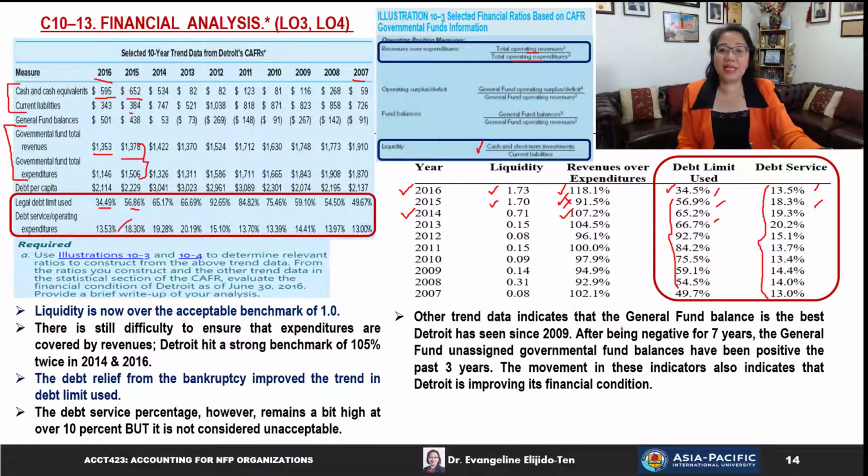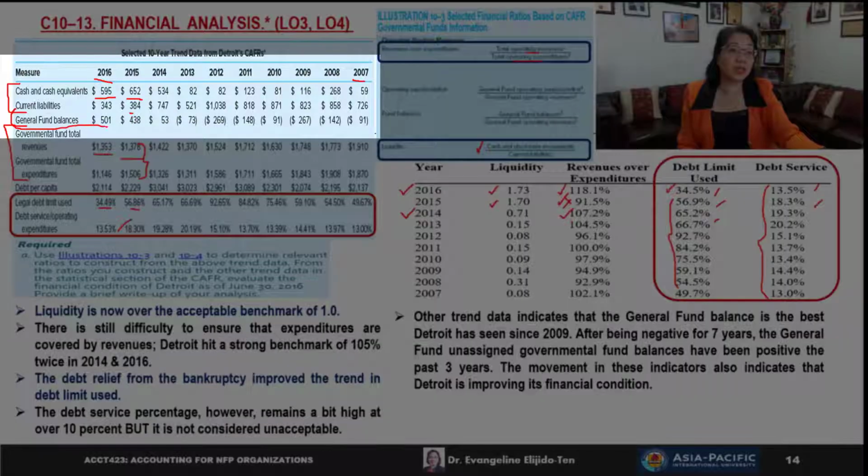Other trend data indicates that the general fund balance is the best Detroit has since 2009. If you have a look at the general fund balance, this portion here shows that over 7 out of the 10 years they are in negative. So from 2007 all the way to 2013 they are negative.